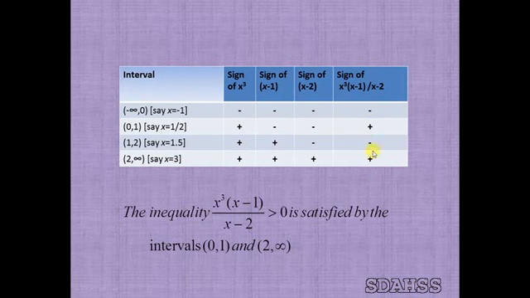Here two positive symbols are there. So its intervals are 0 comma 1 and 2 comma infinity. So the solution is 0 comma 1 union 2 comma infinity. You combine these two intervals.